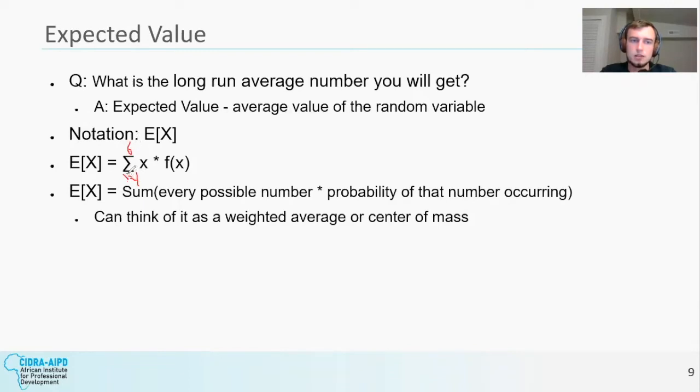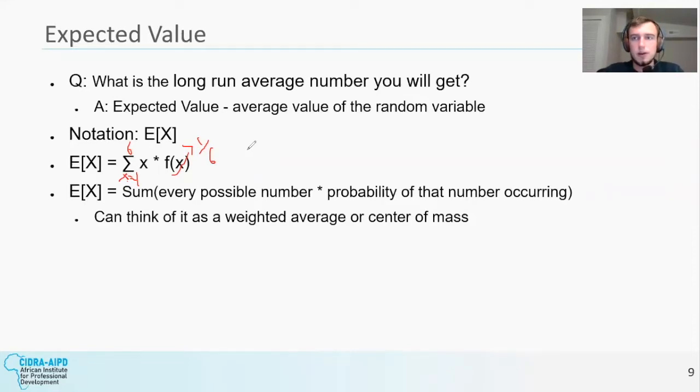So x, little x ranges from 1 to 6 because these are all the possible outcomes. And we know that the probability of getting the die to roll any number between 1 and 6 is going to be 1/6. So what this would look like is 1 times 1/6 plus 2 times 1/6 plus 3 times 1/6. We're going to see a more worked out example soon, but that's the logic.